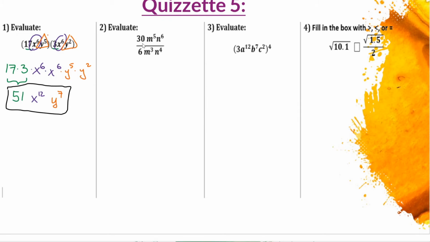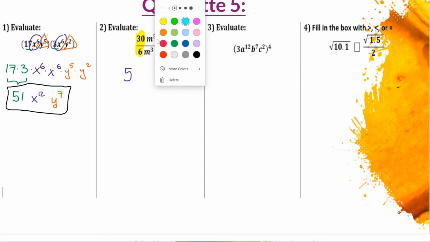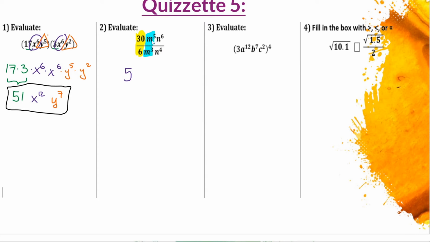Number 2, evaluate 30m to the 5th power n to the 6th divided by 6m to the 3rd power n to the 4th power. We're going to do the same thing. We look at the numbers together. 30 divided by 6 gives you 5. M to the 5th power divided by m to the 3rd power. When you divide exponents with the same base, we keep the base and subtract the exponents: m of 5 minus 3.